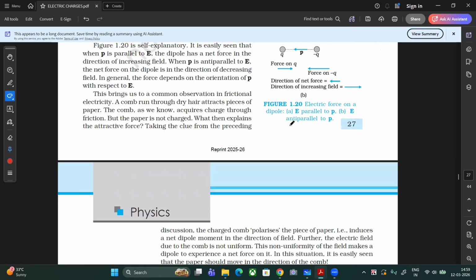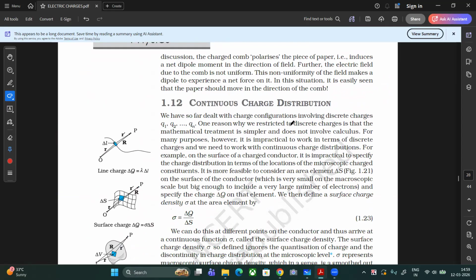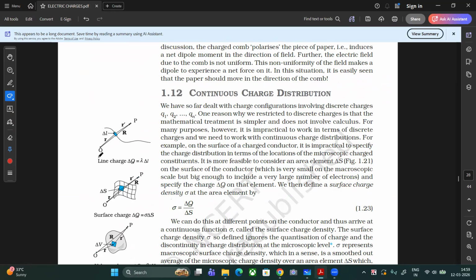Next is continuous charge distribution. This is a well-known topic, and we know the symbols. Sigma means surface charge density: the amount of charge on a particular surface area, depending on the geometry.